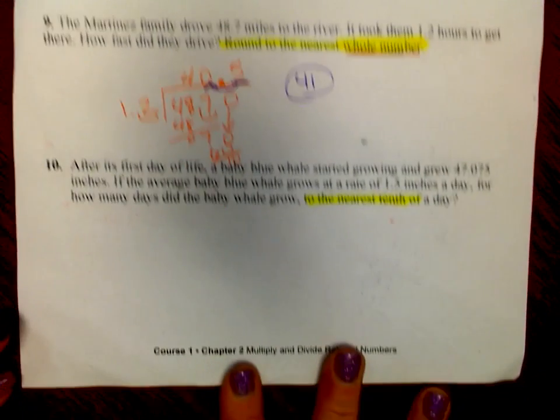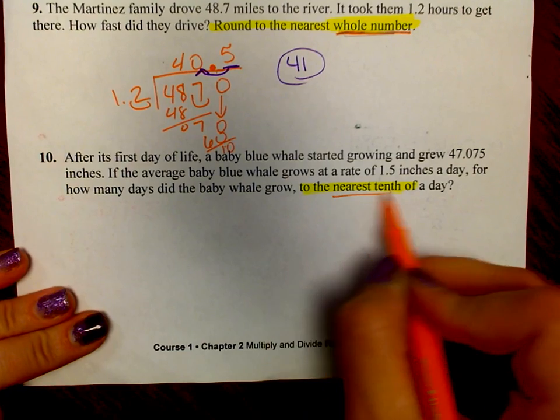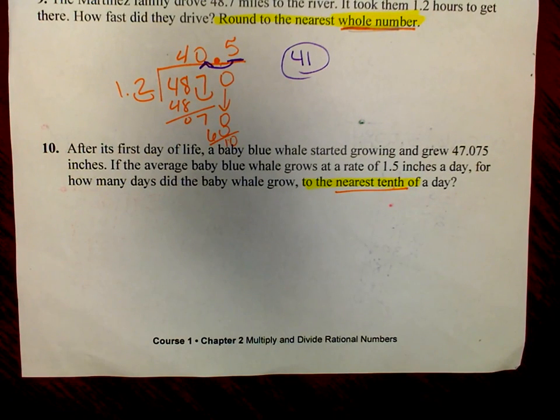Okay, last one. And this one we're going to round to the nearest tenth. After its first day of life, a baby blue whale started growing and grew 47.075 inches. If the average baby blue whale grows at a rate of 1.5 inches a day, how many days did the baby whale grow, to the nearest tenth of a day?